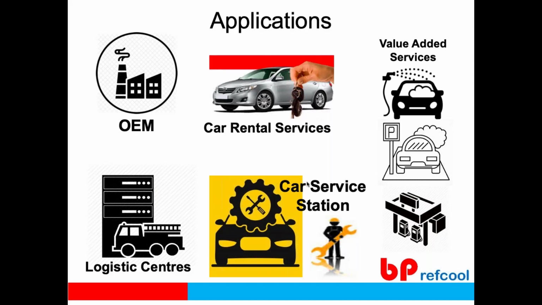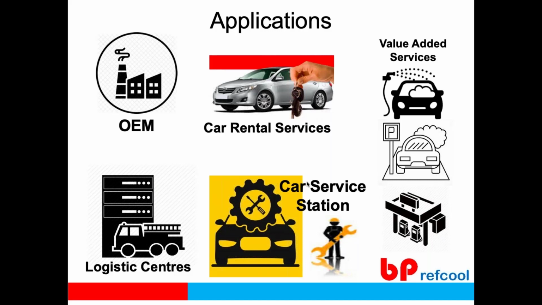Rental service providers can check when the car is parked. Value-added services like car washes or fueling stations, or even parking slots, can offer this check: if the car is parked in that particular slot, it can detect the refrigerant leak as well.